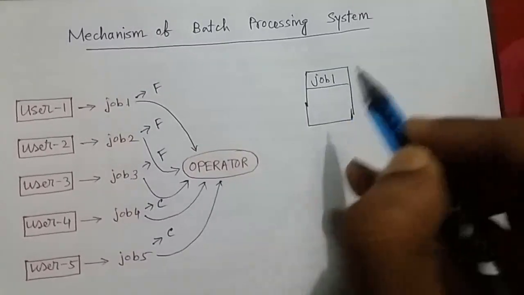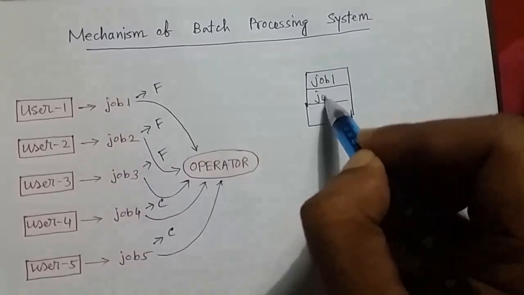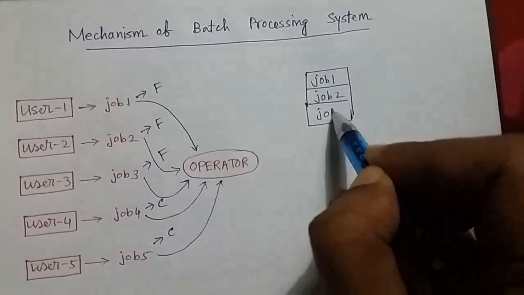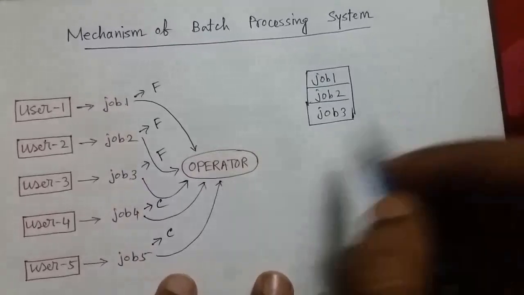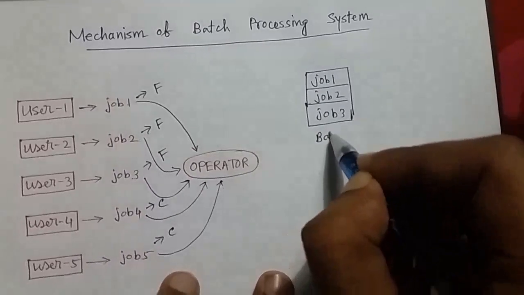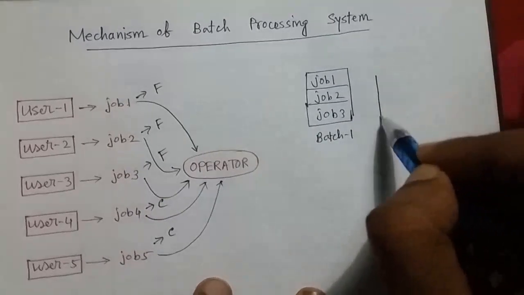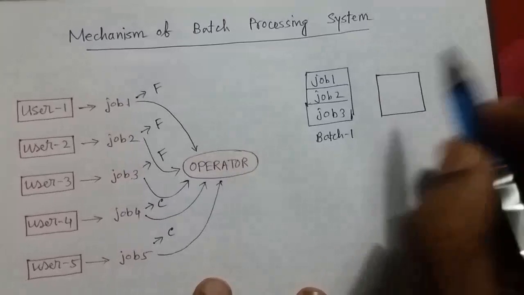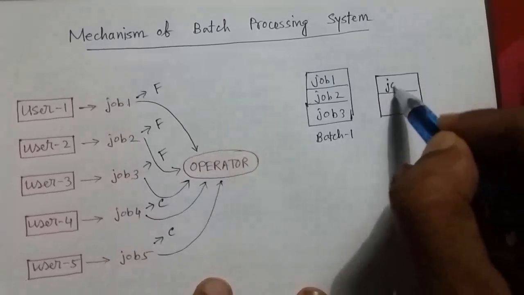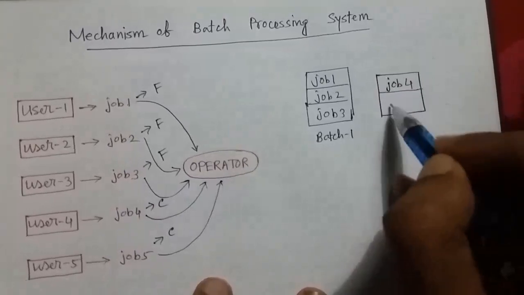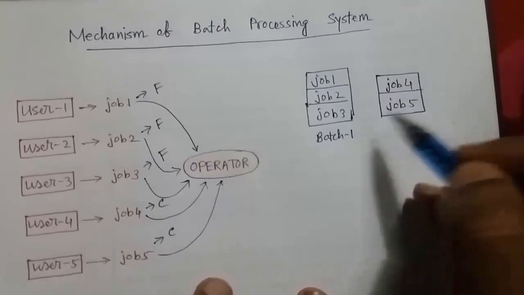So job 1, job 2, job 3, this is batch 1, and another batch is also formed by the operator, that is job 4 and job 5.